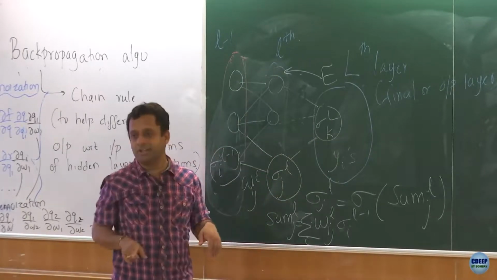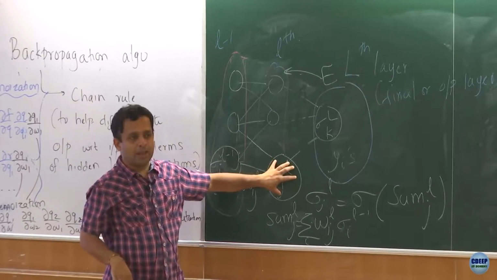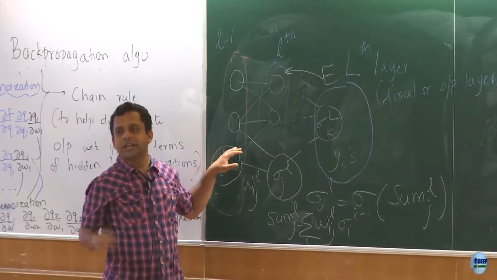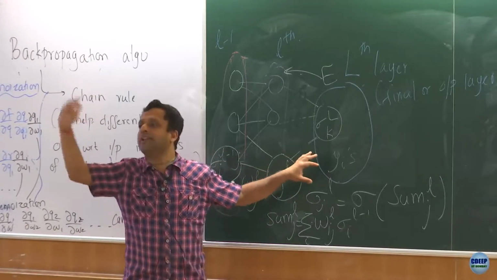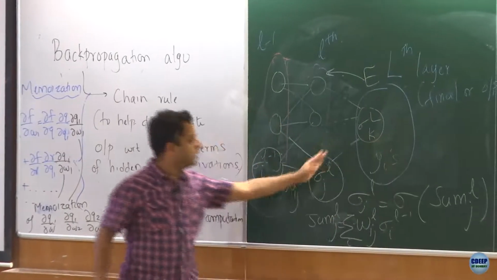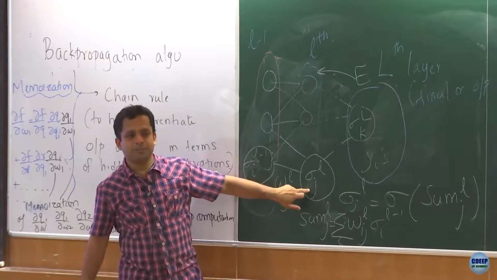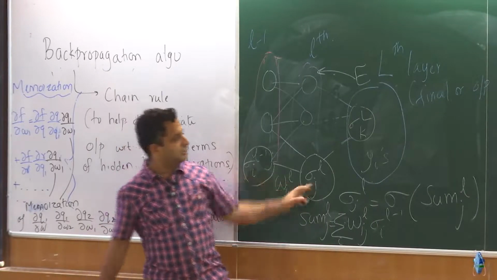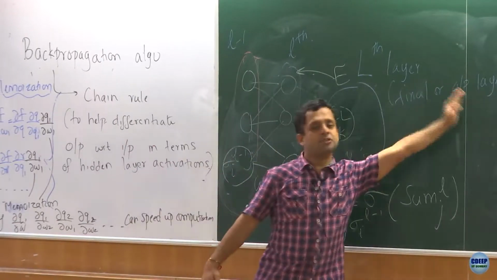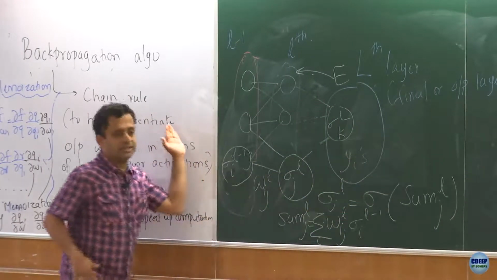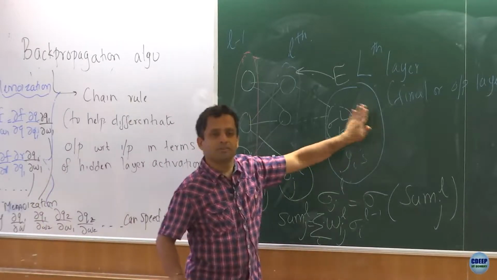Extend that: all the activations in the next layer, sigma JL plus 1, actually depend on activations in this layer. So the only way I can compute the derivative with respect to sigma JL is through where it fed into, because error was computed based on where it was fed into, not where it is getting its inputs from. Error is always computed here.